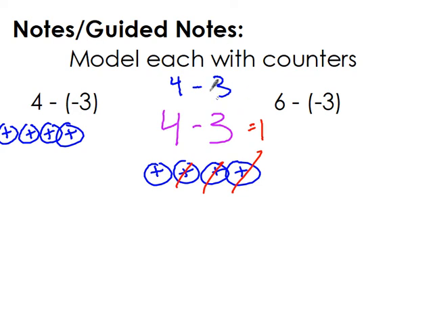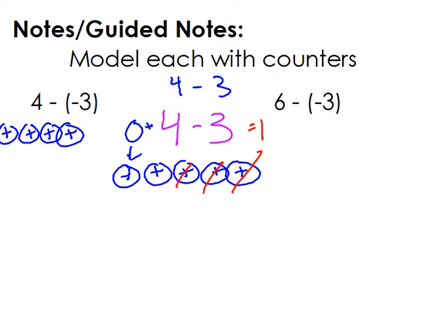Going back to the original problem of 4 minus 3, if I were to add 0 to this, is the answer still going to be positive 1? Yes, because when you add 0 to something, it doesn't change anything. Adding 0 is the same thing as adding a 0 pair.